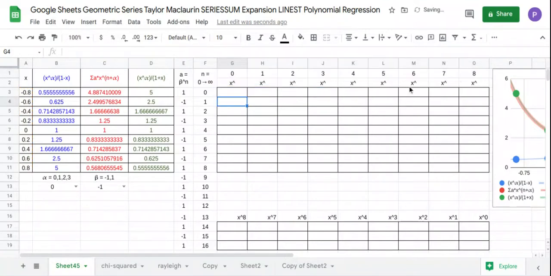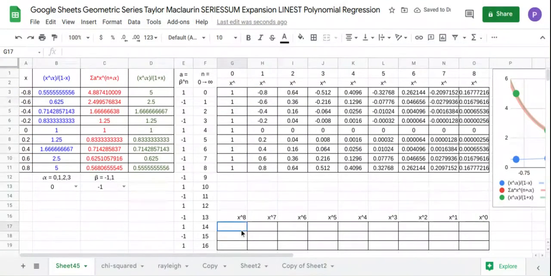Enter. Now we can calculate the polynomial regression coefficient LINEST, starting with x to the power alpha divided by 1 minus x, so data y, and this is our data x.